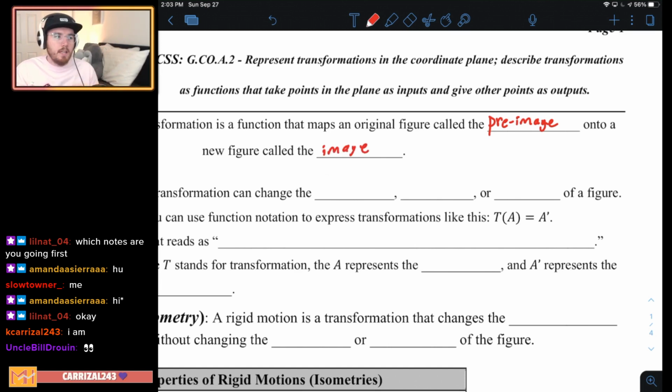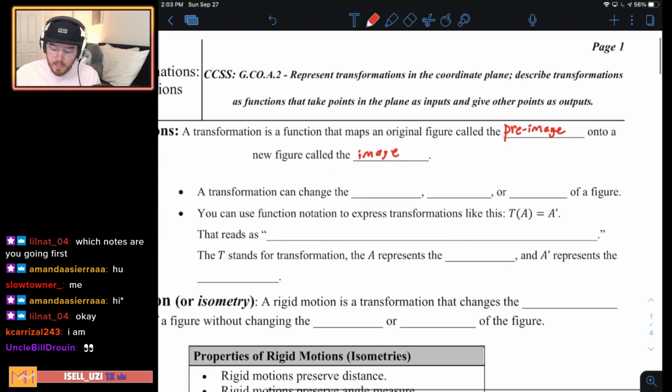So the before is pre and the after is just drop the pre. There's the pre-image and the image, before and after. A transformation can change the position, the shape, the size, just about anything of a figure. All of those things are considered transformations when we manipulate this figure.